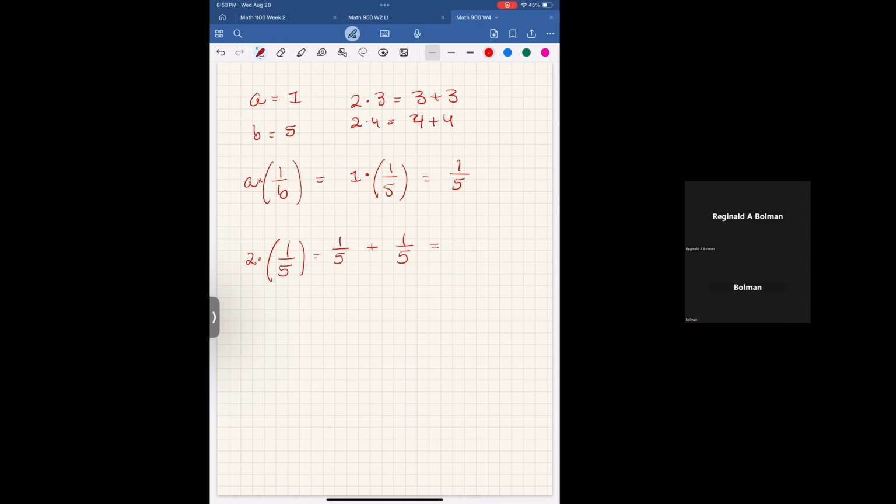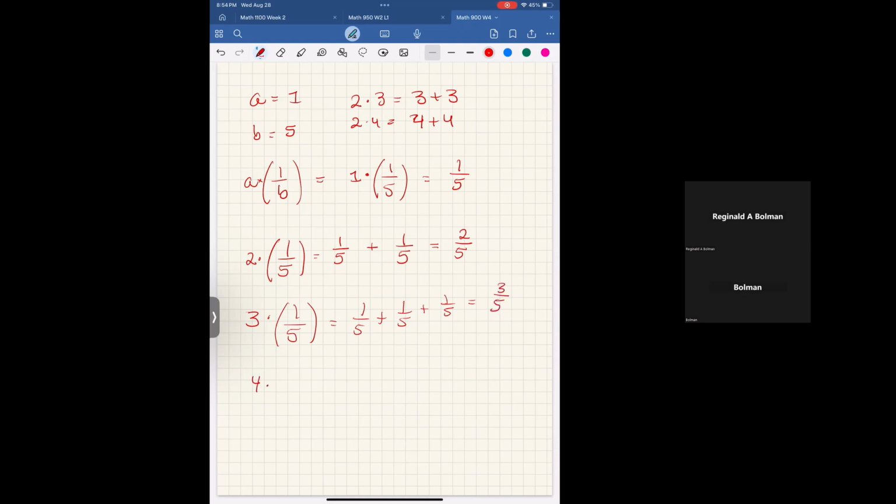Well, how many fifths do I have? I have 2/5. If I have three sets of 1/5, I would have 1/5 plus 1/5 plus 1/5, and how many fifths do I have? I have 1, 2, 3 fifths.